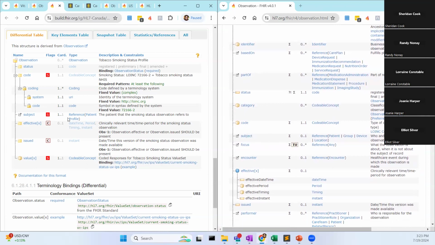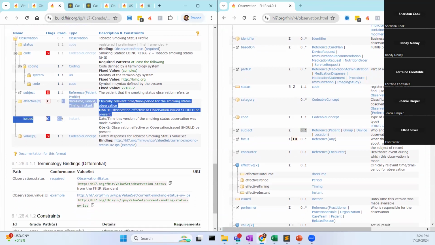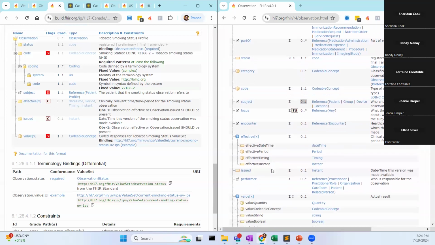Subject, we have a reference to our Canadian baseline profile and we constrain it further. I'm guessing vital signs is the same thing where you actually have a target for this and it's going in subject. Not necessarily, no, but anyway. And then we've got this conditional rule that says give us effective or give us issued.